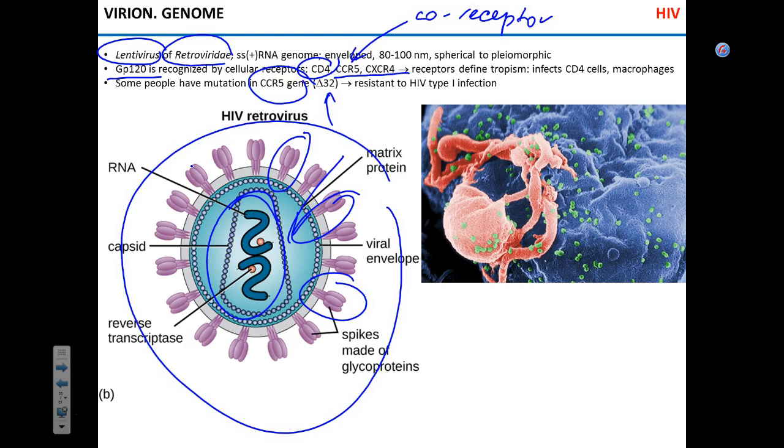In fact, that feature was used, I wouldn't call it a treatment. It was used a couple of times. Now, I think there are two cases like this. First was in Germany when a person with HIV developed leukemia. And the treatment was a bone marrow transplant. So that person received a bone marrow transplant from a donor with that mutation.